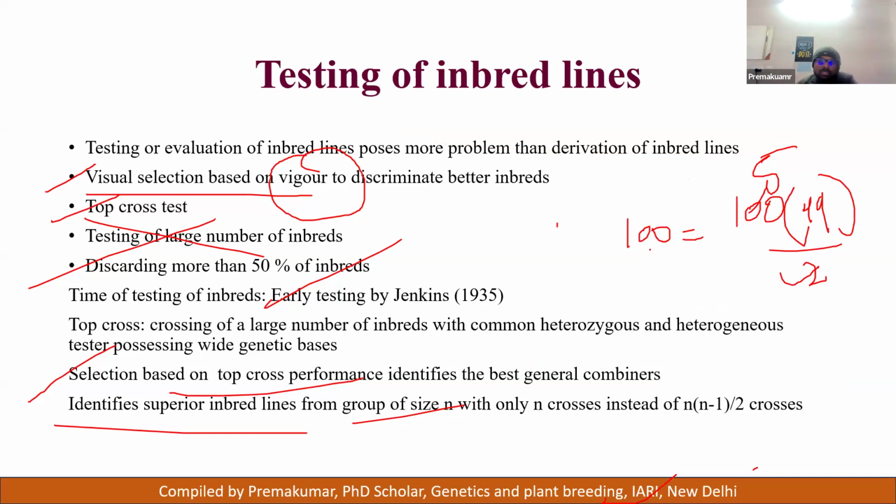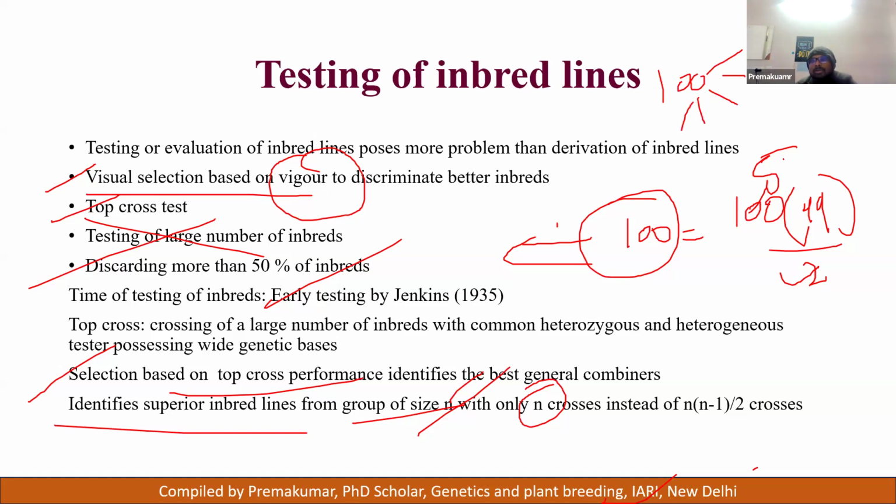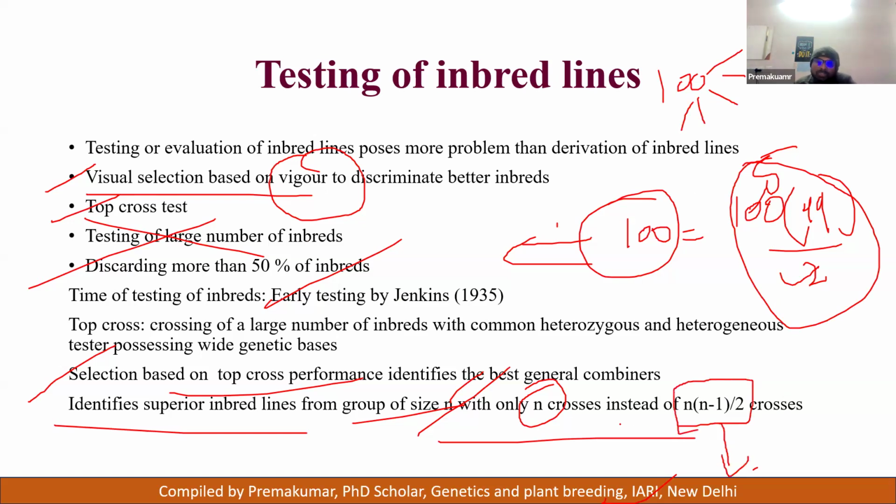If you use a top cross with 100 inbreds, from a group of n you have only n crosses. 100 individuals, crossed with the OPV. You don't need to make all possible cross combinations. That's why top cross is mostly used to evaluate inbreds. This is the only reason. Instead of n into n minus 1 by 2 possible crosses, you evaluate only n crosses.